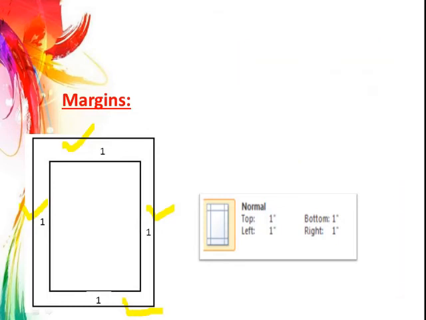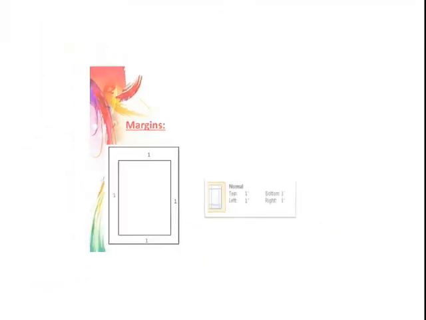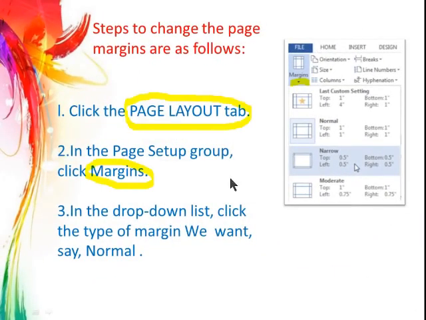Look here, I'm just going back so you can have a look. This way, see, here we can change the setting of margins by using the Margins group, selecting Normal, Narrow or Moderate.